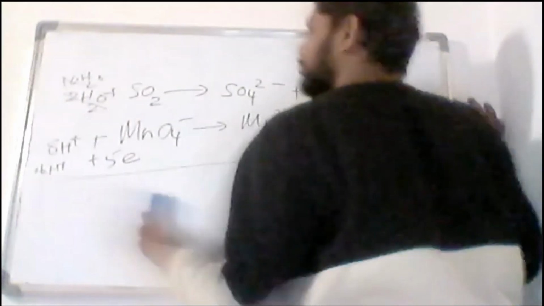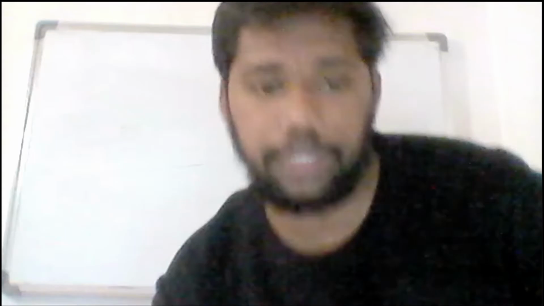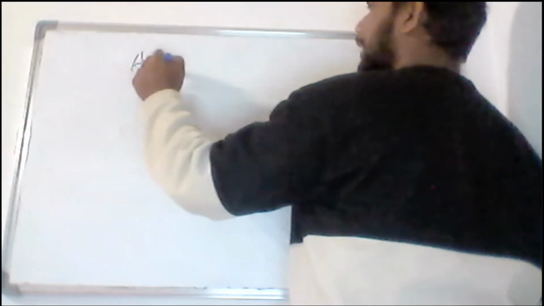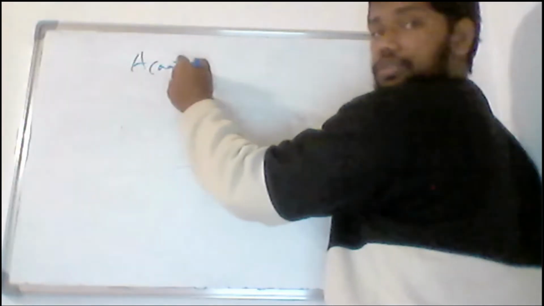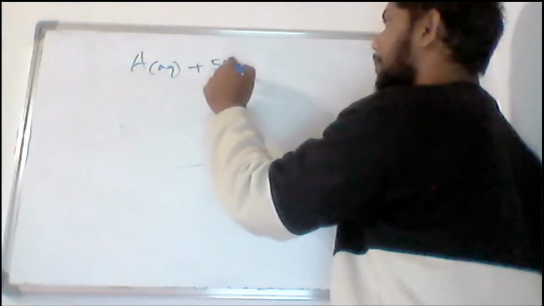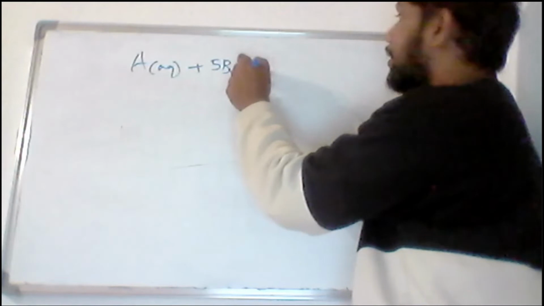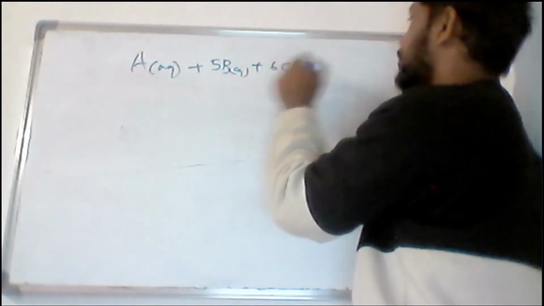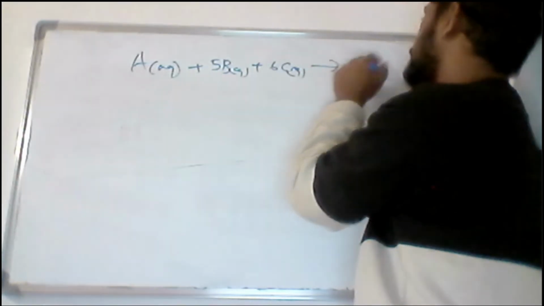The idea is this. Now, I will check the equation. So you have the reactant A, which is going to react with 5B plus 6C, and there will be the products.